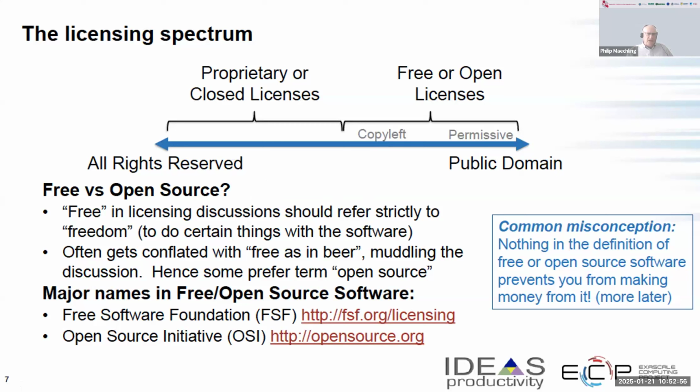Commercial codes have all rights reserved. But then the spectrum goes over to the right, which is public domain, and that's distributed, and you're free to do with it what you want, including sell it if you feel you can sell public domain software. That's permitted.